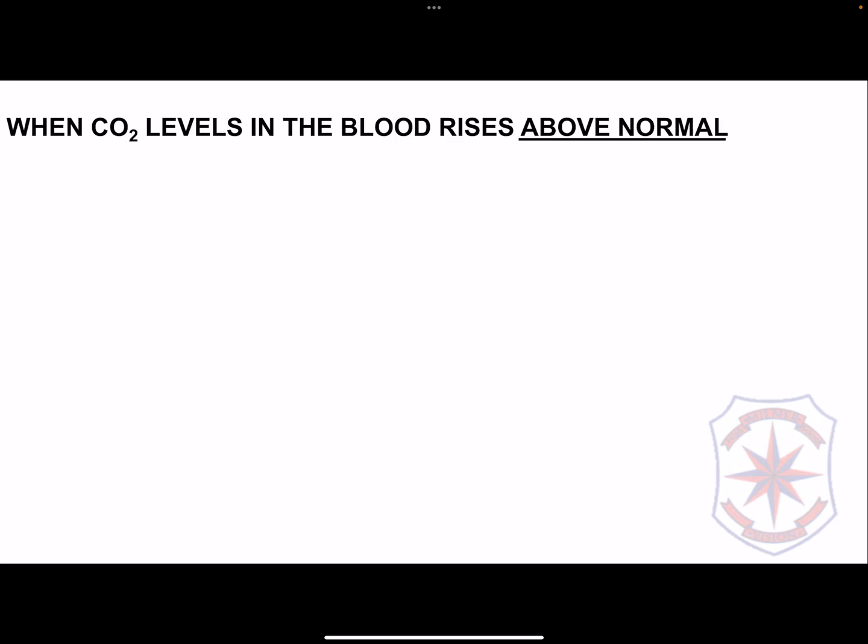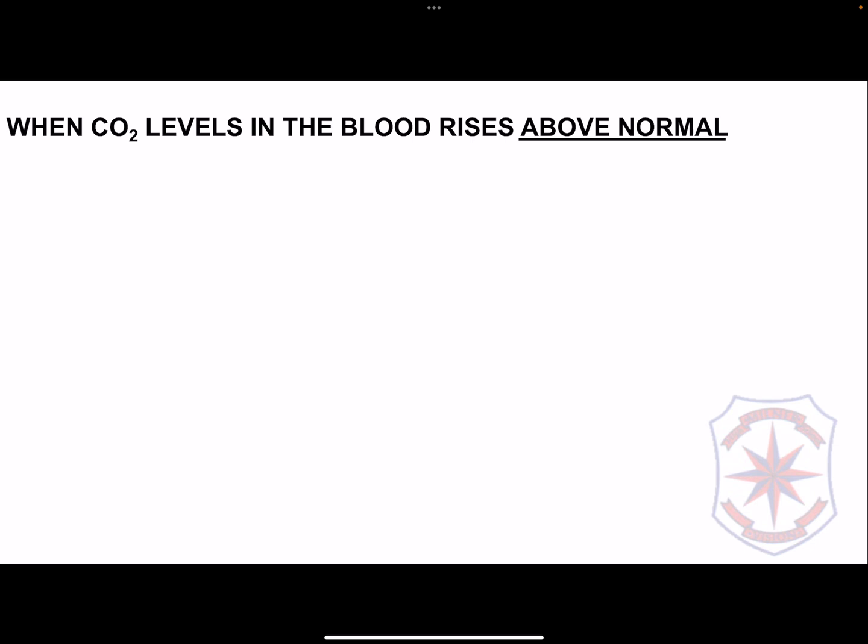Okay. Now, when you get a question like this, when CO2 levels in the blood rise above normal, explain the homeostasis of CO2 levels when CO2 rises above normal, what is it that you must say?